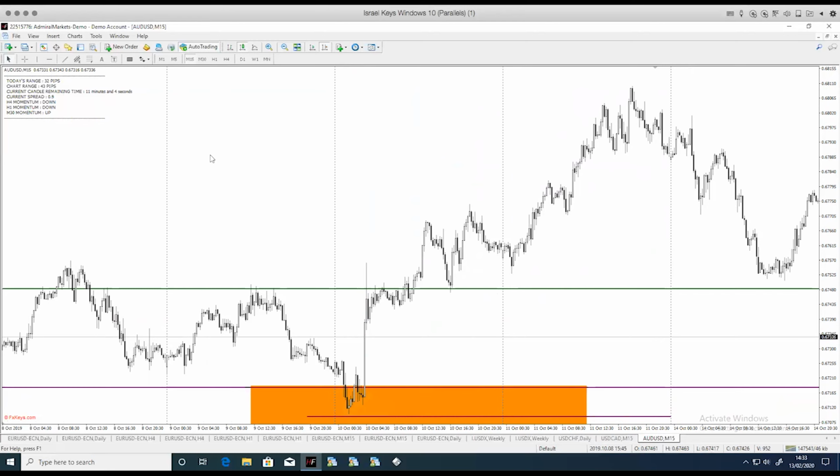This is Asia. This is the Asian range, right? Well, first of all, the overnight range, and then that's the Asian range. And so price comes out of there a week later, revisits the same level, finds a reaction there.